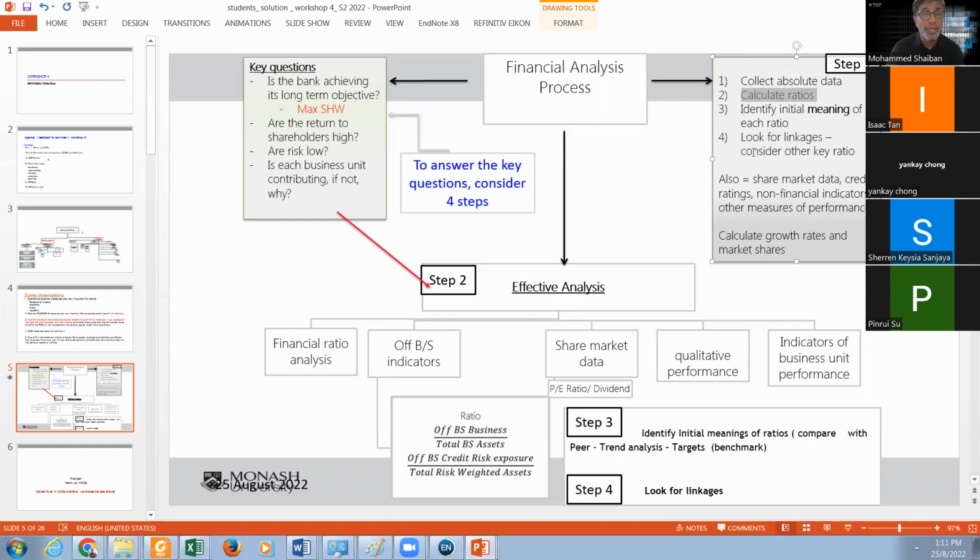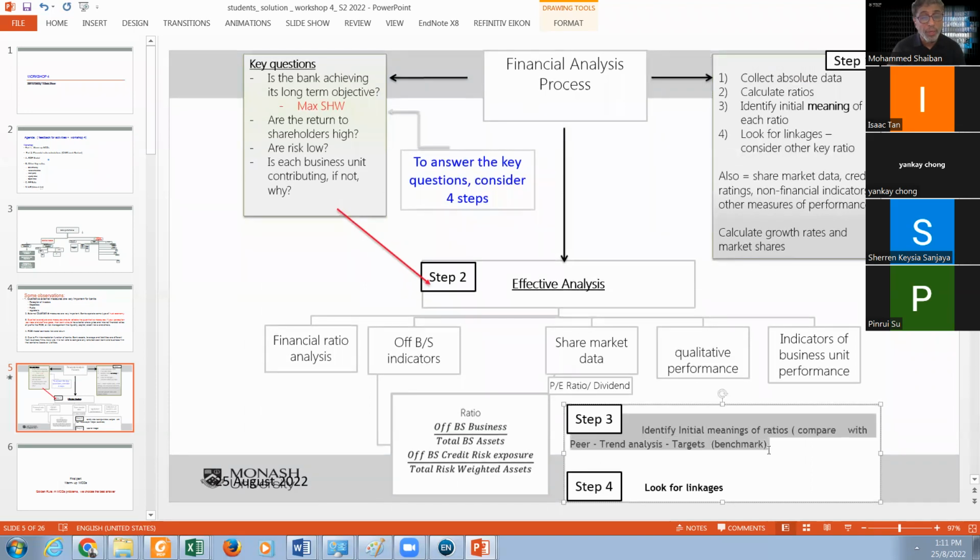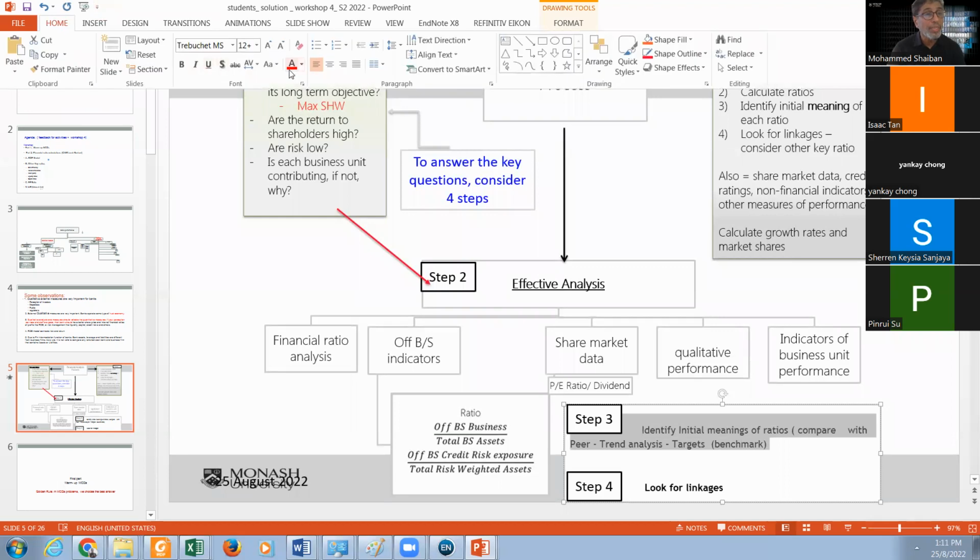And you have to look at linkages with those ratios when you compare them with the peers, which means how the industry is doing, with the targets, and with your trend, which means how you did last year compared to this year, and how the other banks in your area are doing. This is how the financial analysts work.